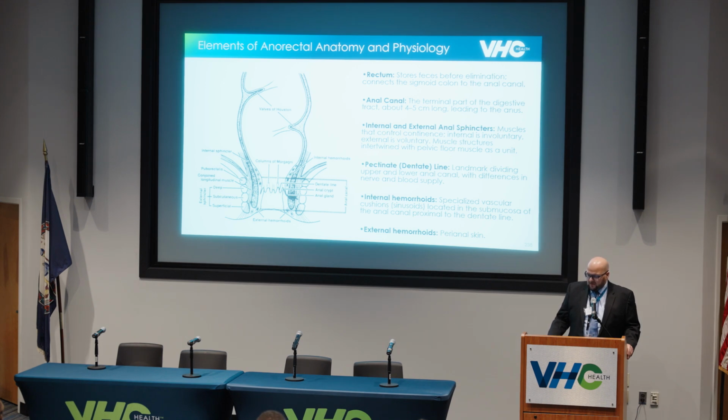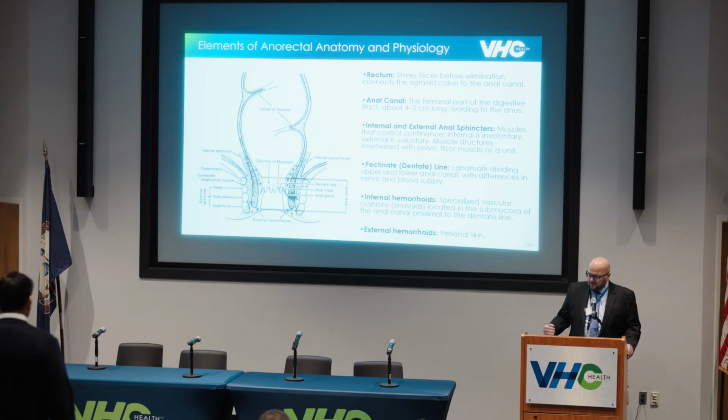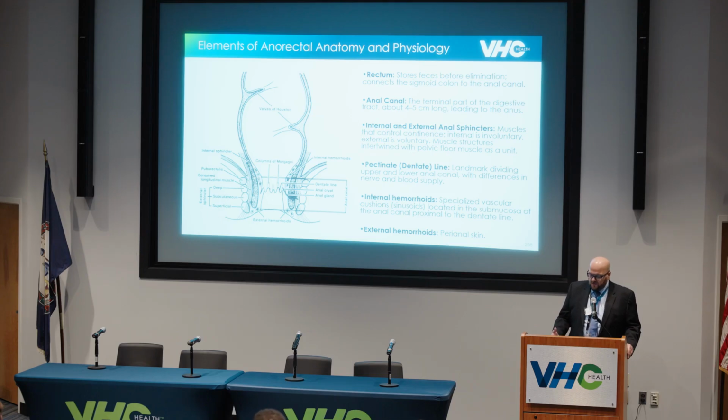The internal and external anal sphincters are the muscles that promote continence. The internal is involuntary, the external is voluntary, and they are completely intertwined with the pelvic floor, like we discussed with Irma. The dentate line is the landmark dividing the upper and lower anal canal with different nerve and blood supply, which is very important for cancer surgery as well.